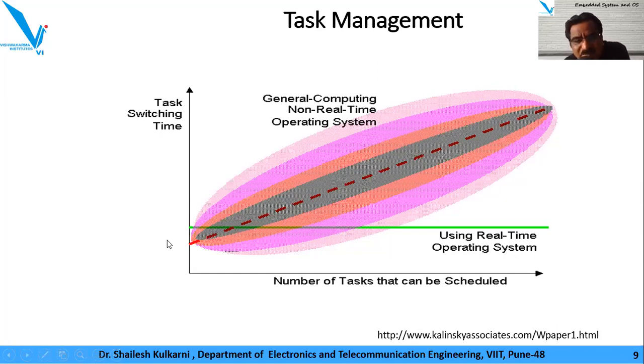Because there are many instances at this moment where you can see that the GPOS service times are far better than the RTOS service time. The GPOS service time is even less than the RTOS service time. So is there any point in saying that RTOS or real-time systems would always be faster as compared to general purpose systems? No. That was never a notion, theoretically or practically.